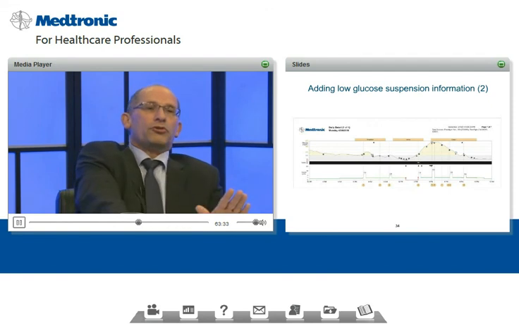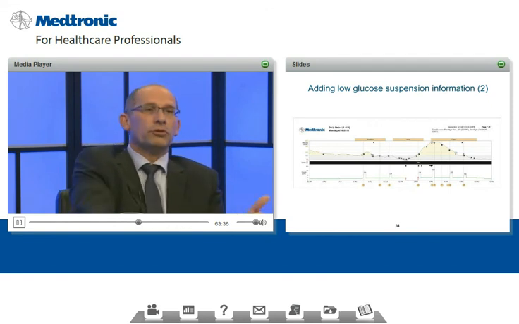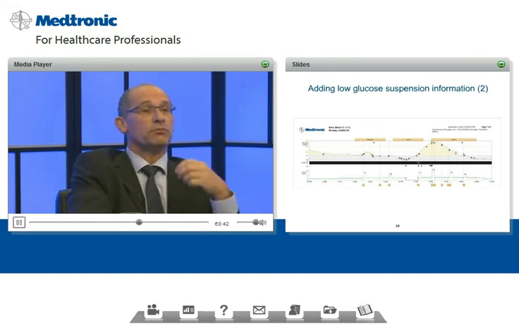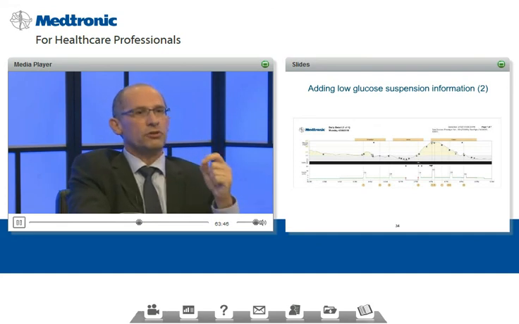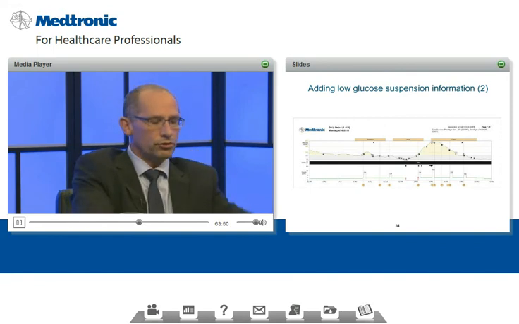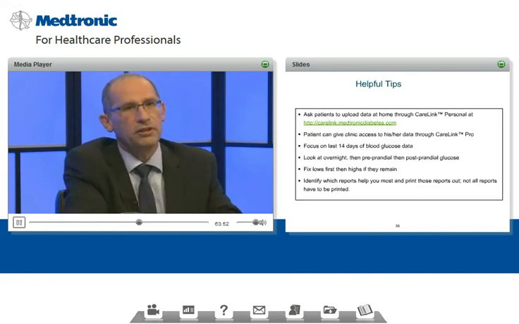So the first case is to show the patient, to encourage him to use the sensor as it saved him during that night. In this case, you can understand that the patient needs some more education on how to treat hypoglycemia, also when he's using the low glucose suspension, because that's not the way that we want them to treat low glucose suspension during the day.